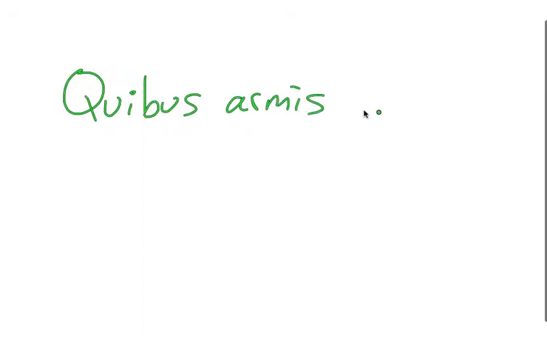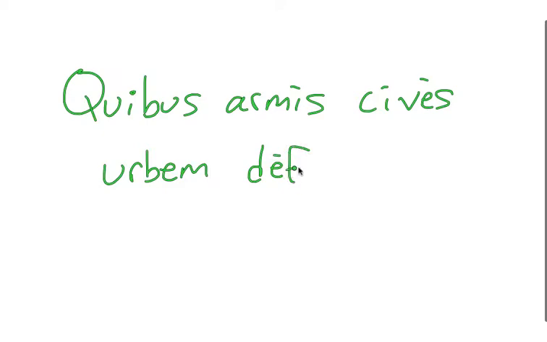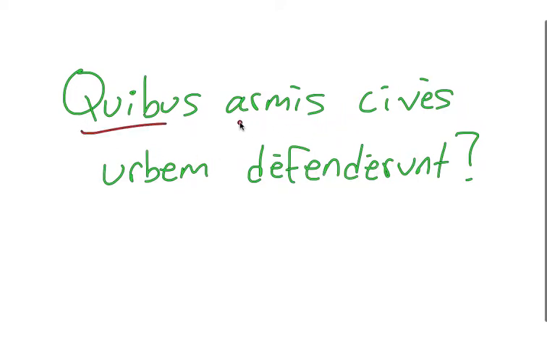Okay, so quibus armis cives urbem defenderunt. Here we have quibus, a form of qui, quae, quod. It's modifying armis.